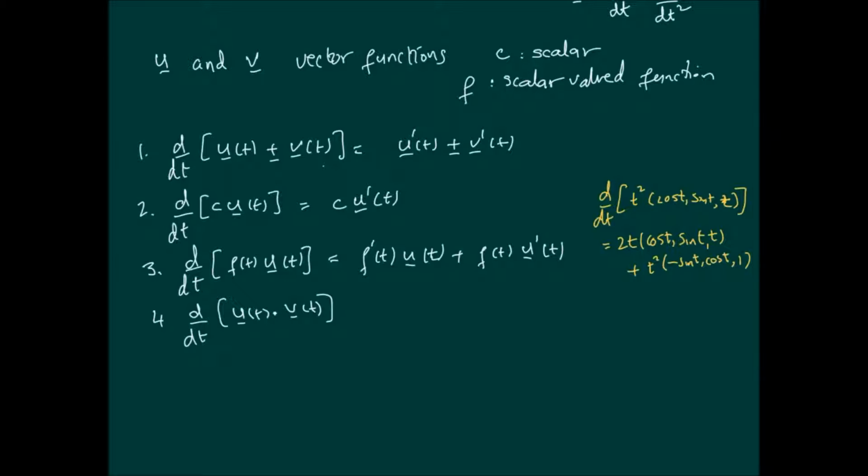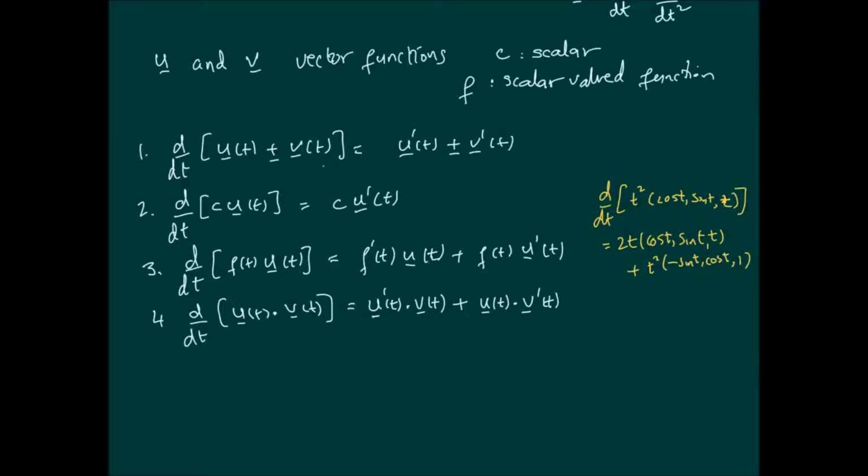If we take the derivative of the dot product, it follows the familiar product rule. You differentiate u in the first instance and take the dot product with v, plus leave the first vector function u and take the derivative of the second one, v'. So that's how that would work out.